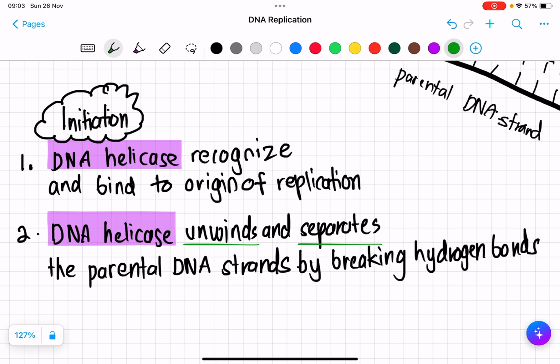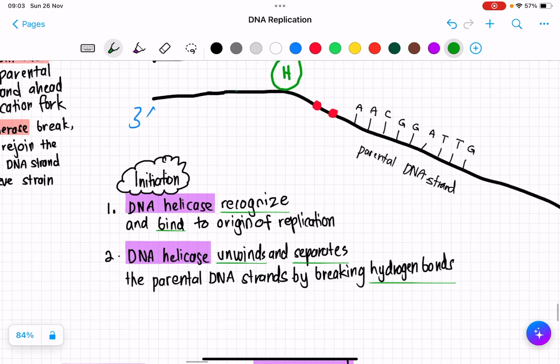Kita kena bagi detail. By bond apa dia break? Hydrogen bond yang ada antara T dengan A, G dengan C tadi. So ni pun kena tulis, dia recognize dengan dia bind. Sebab kalau dia tak bind dekat origin of replication, dia bind di tempat lain, strand itu tidak boleh di-separate, tidak boleh di-unwind. So ini adalah starting dalam phase initiation.